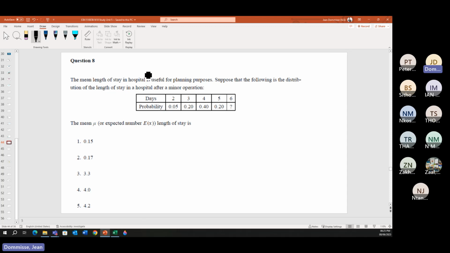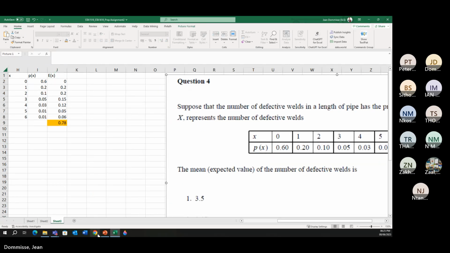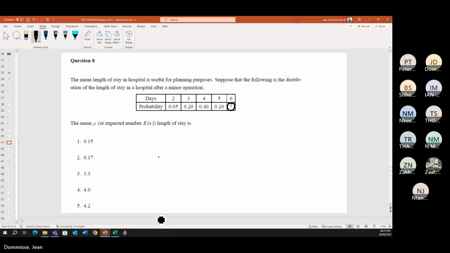Okay, so in this one, Peter, there you can see they don't give you everything. So firstly, you need to complete that, and then again, we're working with the expected value. So we can use this sheet again.